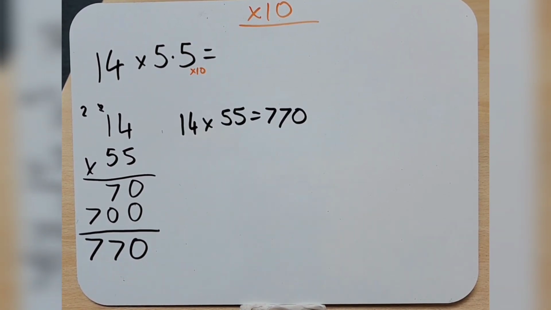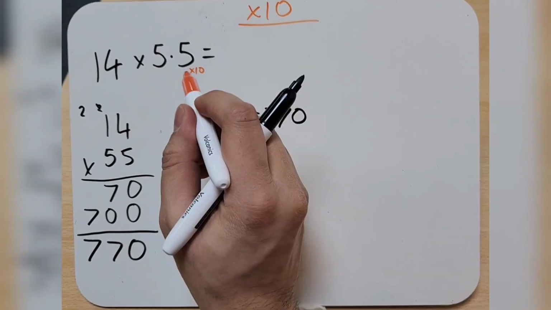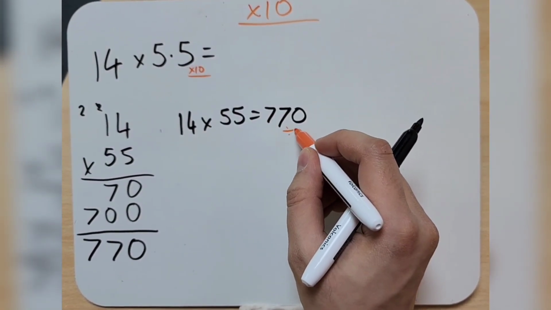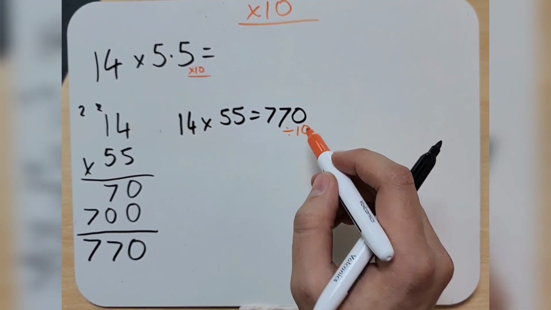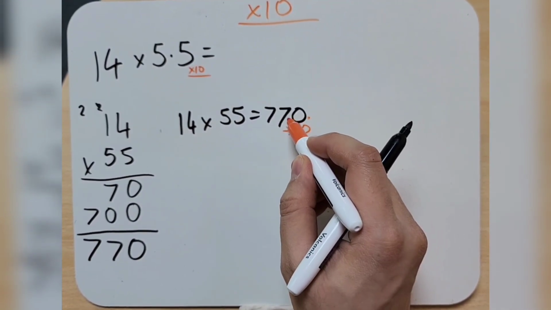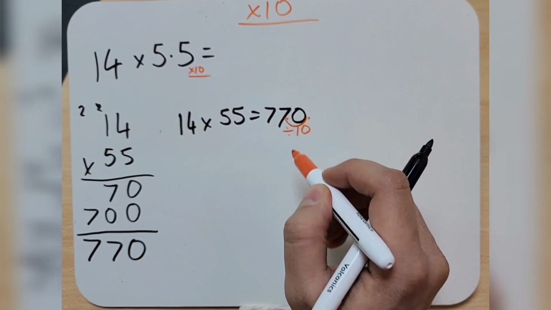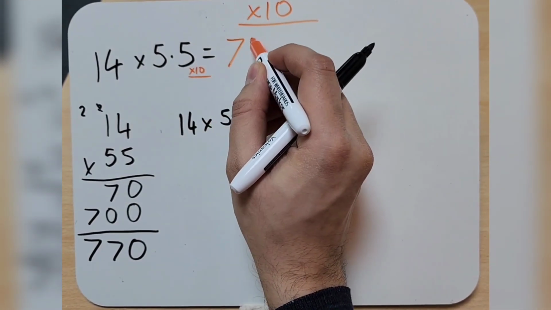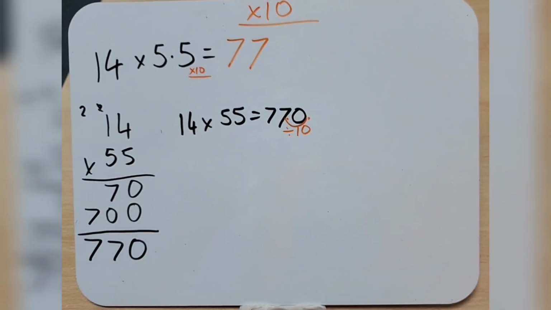Here, the only thing I need to do is, remember I timesed by 10 here, so I need to go ahead and divide by 10, which means the decimal place can move from this side to here. We're going to go left one space. So my answer is going to be 77.